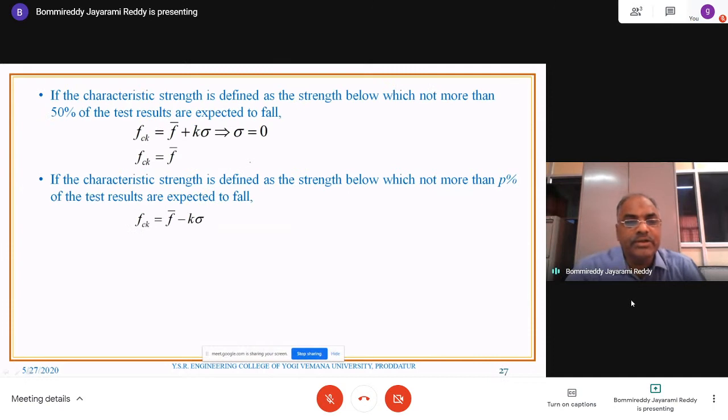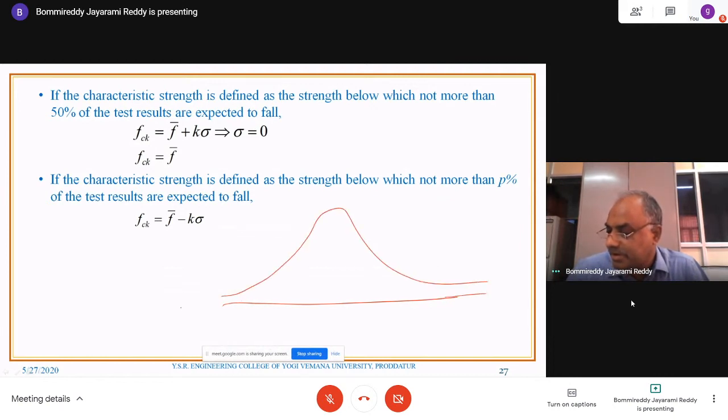So you know that the characteristic strength of the concrete is the strength of the concrete below which not more than 5% of the test results are expected to fall. That means the area of this part is 5% and the area of the remaining will be 95%.